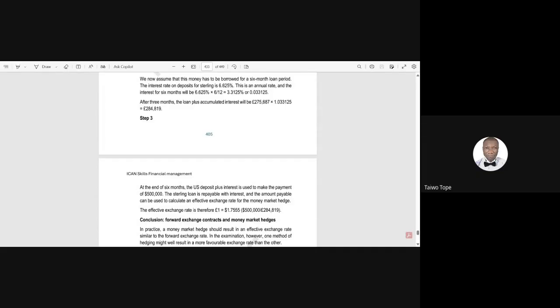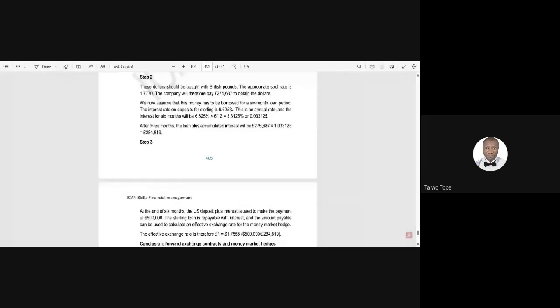What will be the value in dollars? What you are doing is $500,000 divided by £284,819. It will give you the value they have here. That is, £1 is equivalent to what? $1.7555. So that is the third step, they are just showing the effective exchange rate.